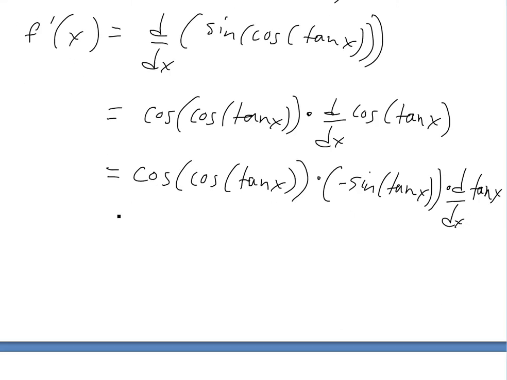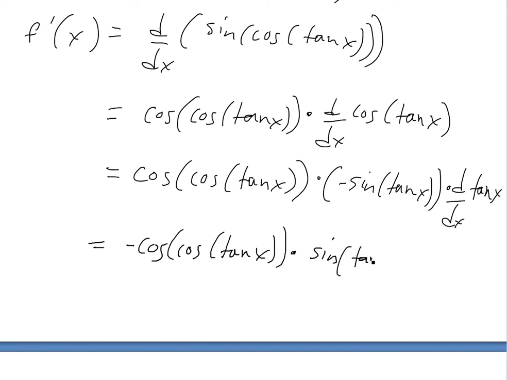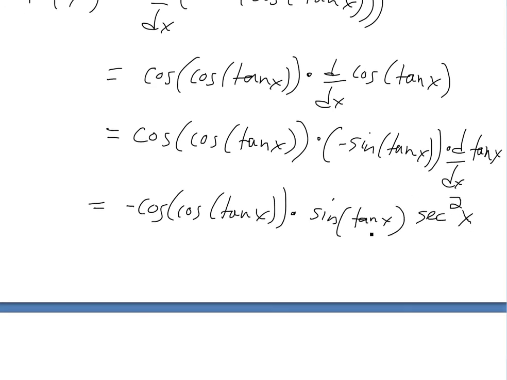Now write this all down: cosine tan x times negative sine tan x. We put the negative out front to get it out of there. And then the derivative of tan x is secant squared x. So there's our answer, and you can see my other video on the proof of all these derivatives. So that's our derivative.